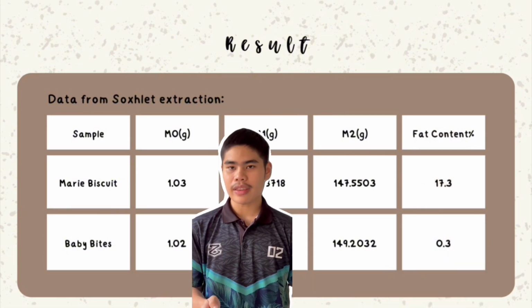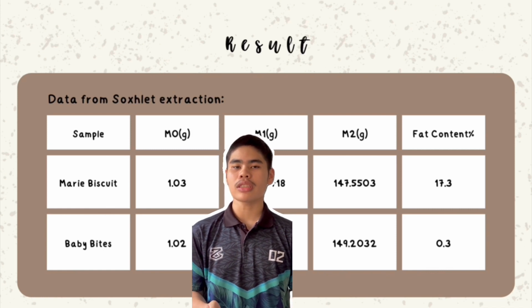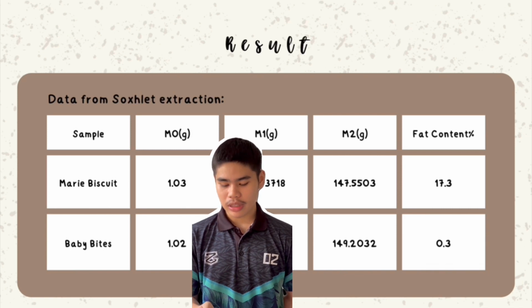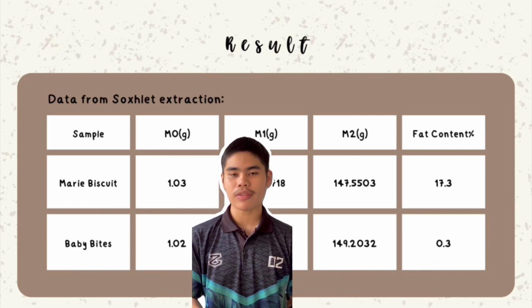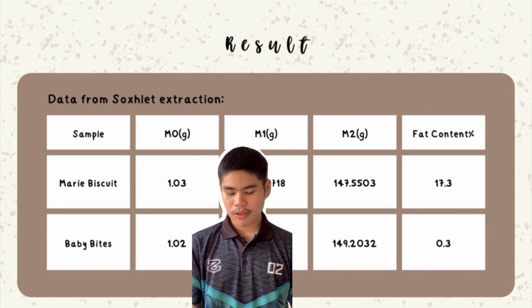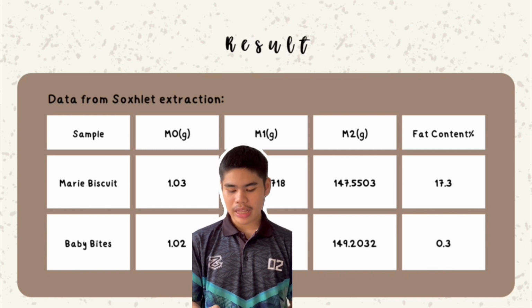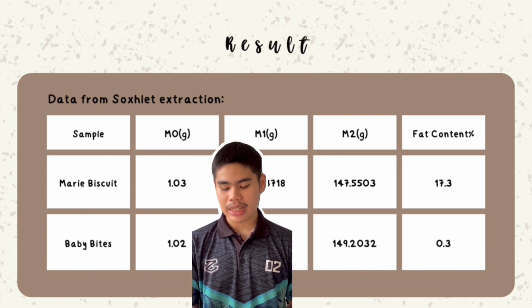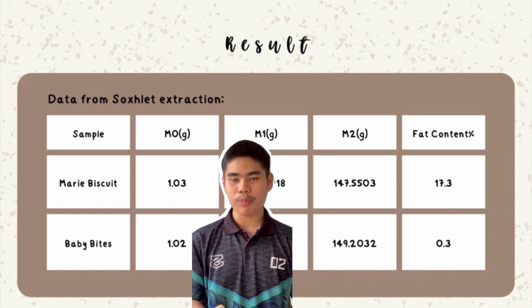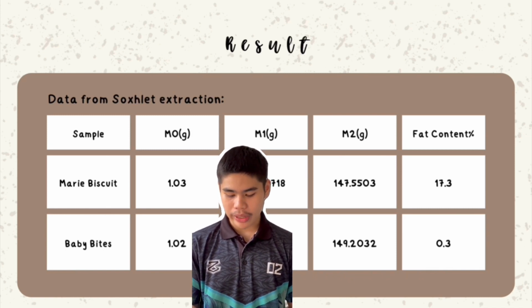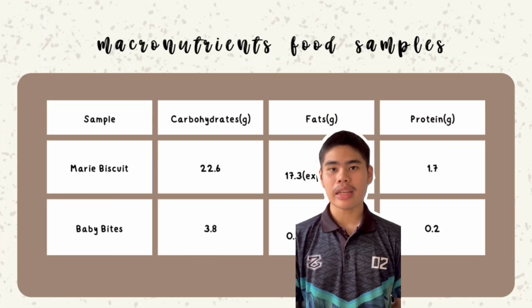So after the fat extraction, we get M2 147.5503, and for Baby Bites we get 149.2032, and the fat content in the Mary biscuit is 17.3, and the content in Baby Bites is 0.3.